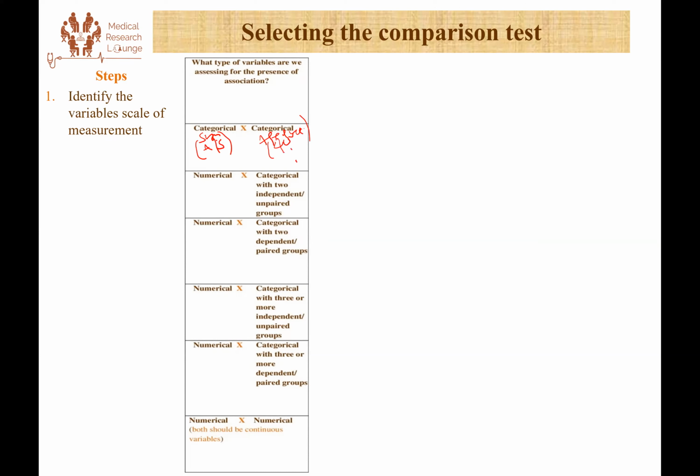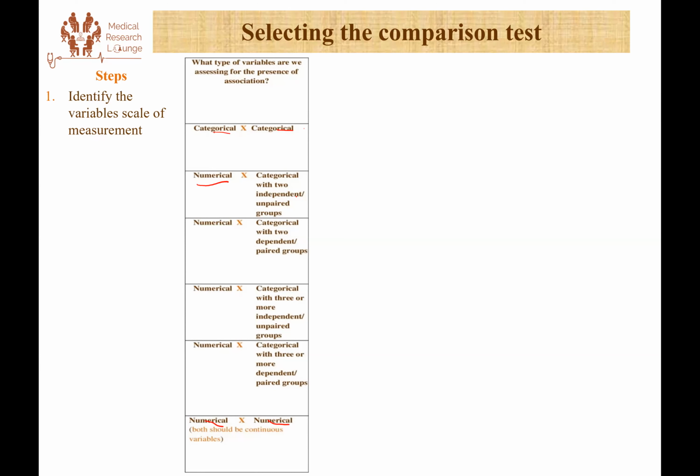We can have both variables purely categorical, or we can have a different combination based on the two groups' scale of measurement: either both of them are categorical or both of them are numeric, or we can have a numeric variable combined with a categorical variable with different levels of responses and with different degrees of pairing. We'll see them one by one with an example.